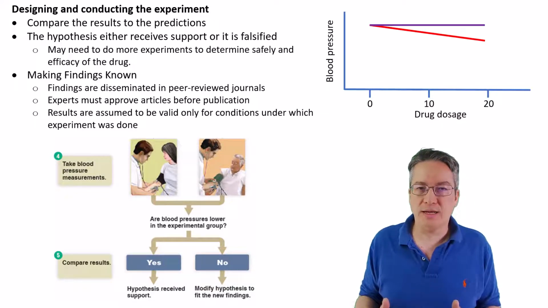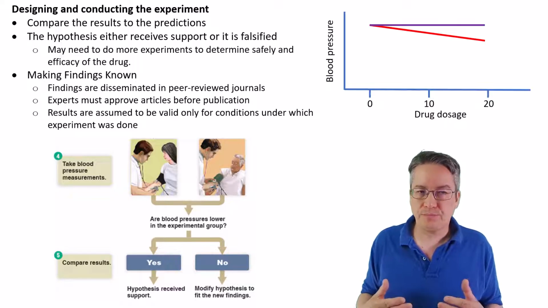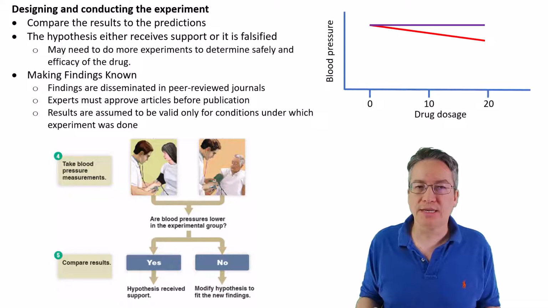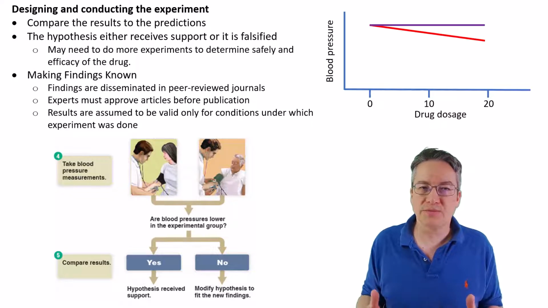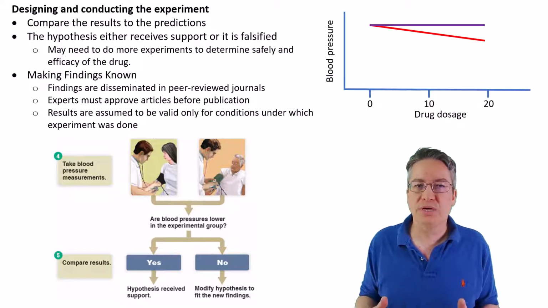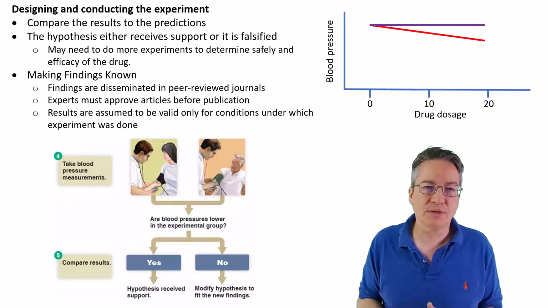On the other hand, the case with the red line shows that, okay, there was a reduction in blood pressure, and you would say that the data support the hypothesis. We never say, again, I mentioned this in a previous video, we never say that we have proved the hypothesis. We just indicate that the data support the hypothesis. And then we would do more tests and so forth to further shore up our data and our understanding of how this drug works.